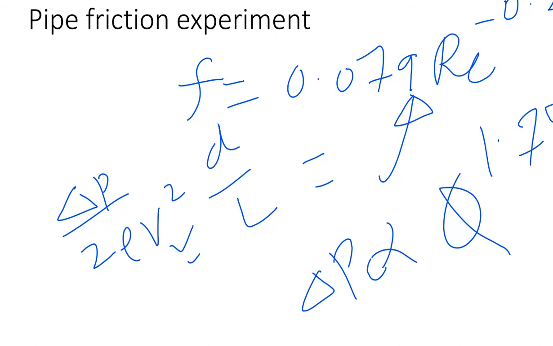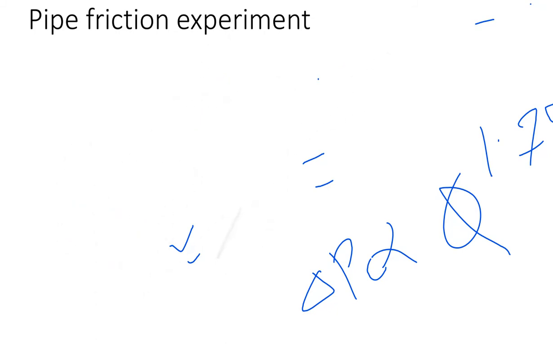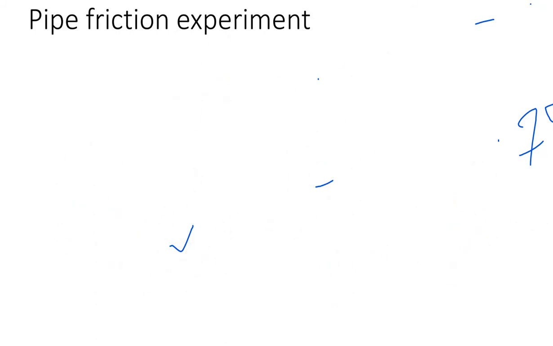If you make it 3 times, the pressure drop will be 9 times, 3 squared. Okay, so this is about the relation between pressure drop and flow rate.